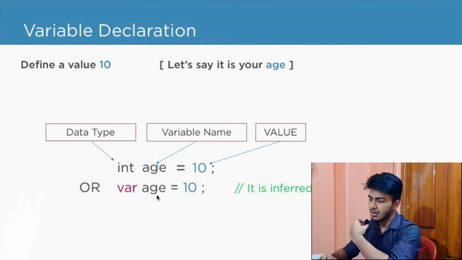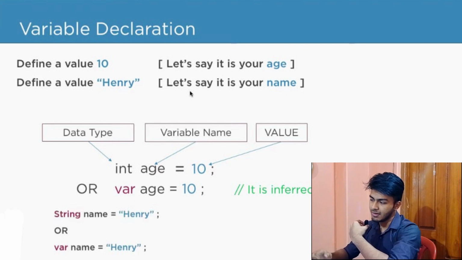Now similar to integer, let us declare a string value, Henry. Let's say it is your name: String name equal to Henry, or var name equal to Henry, as simple as that. Let us take another, a boolean value, true.